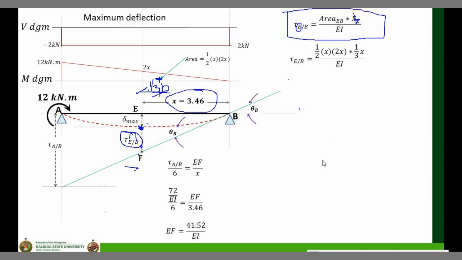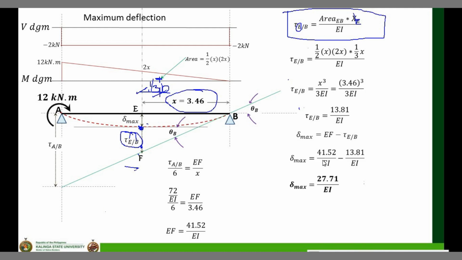If you substitute the values in your calculator, your TEB is equal to 13.81 over EI. And we can now get the value of our maximum deflection, which is equal to EF minus TEB. That is equal to 27.71 over EI.